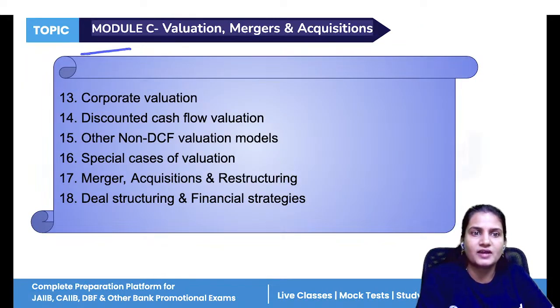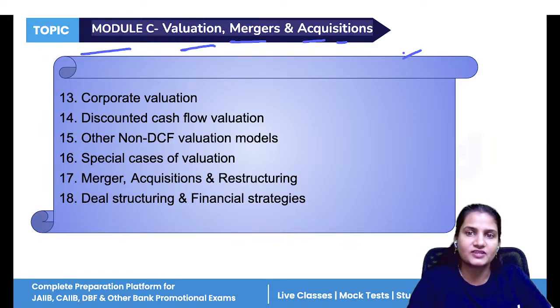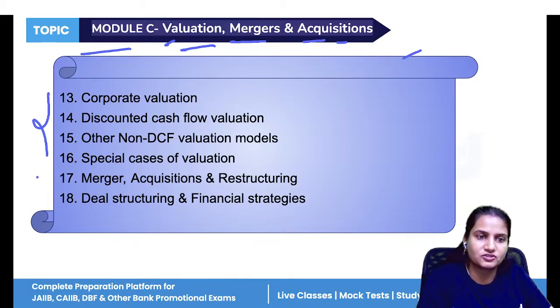Now, next we have Module C, which is all about valuation, mergers and acquisition. In this module, we'll study what happens if you want to acquire any company, or two companies are amalgamating or merging, then how you will do the valuation of that company. That is all about valuation of companies.